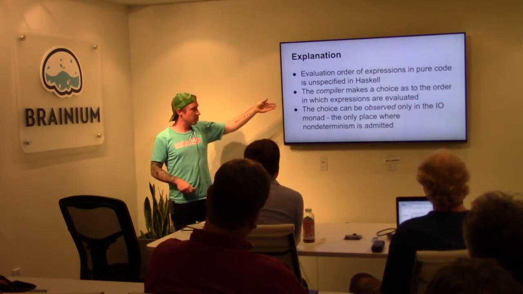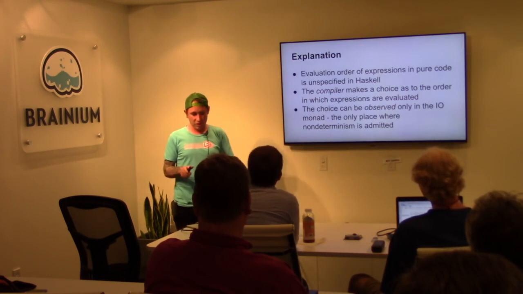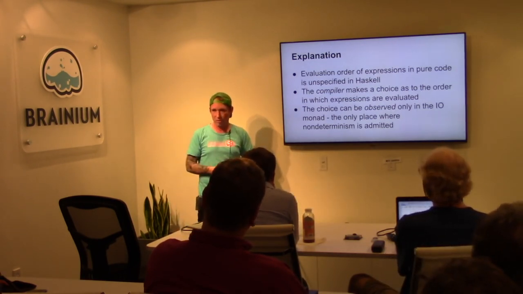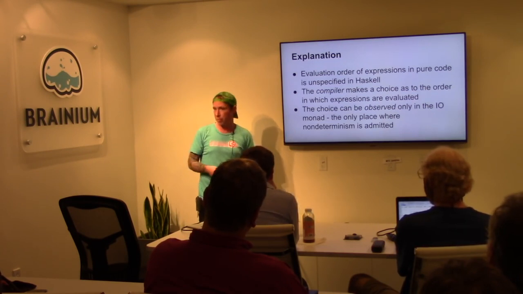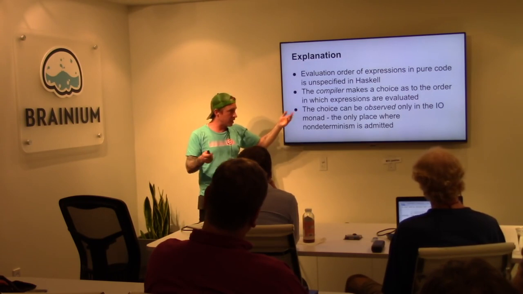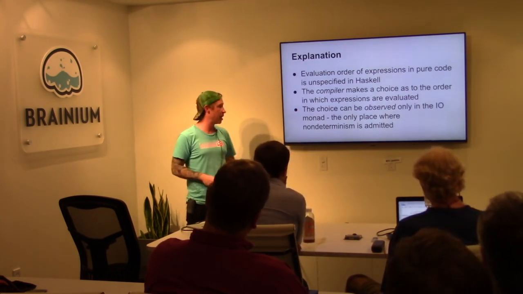Expression evaluation order is unspecified in Haskell. That allows you to do a variety of things. One of those things is the compiler can, let's say, memoize certain parts of your program. You might be able to compute different parts of your program in parallel, and so on. You get some of those properties if you can think about them independently and in an order-independent manner.